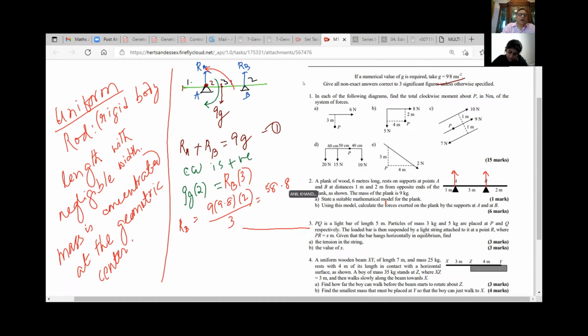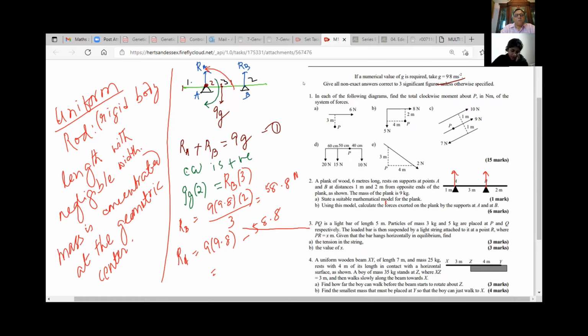And therefore RA will be equal to 9 times 9.8 minus 58.8. Is it okay? Oh, wait, sorry.